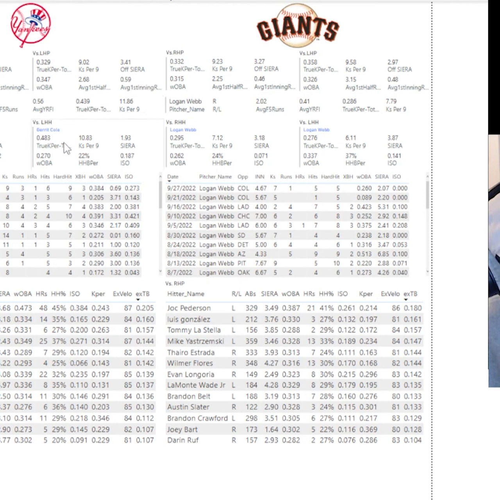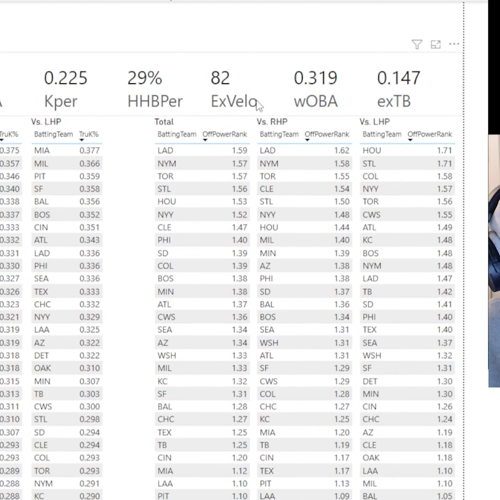Then we'll break it down a little bit further versus right-handed and left-handed hitters. So 40% of his outs versus right-handed hitters are from the strikeout, 48% against left-handed hitters, and so forth. And we give the SIERA for that pitcher against right-handed hitters. Seeing this 2.26 SIERA, again referencing back to the league average, that's much below the league average of 3.31.